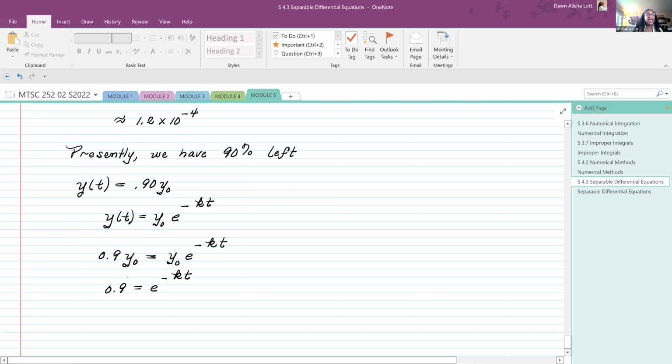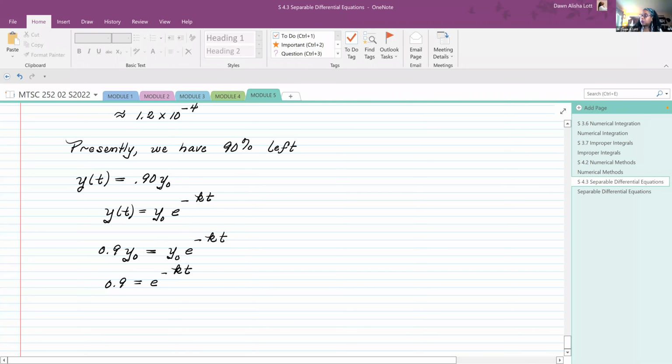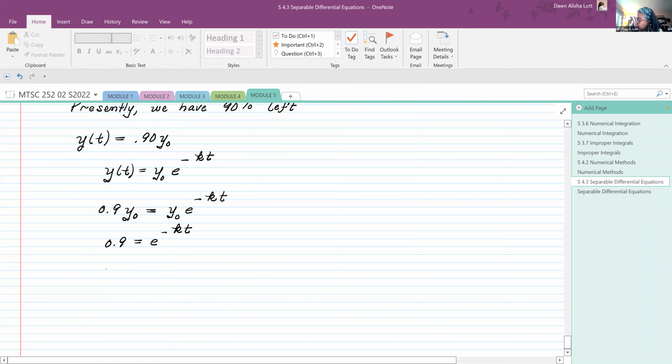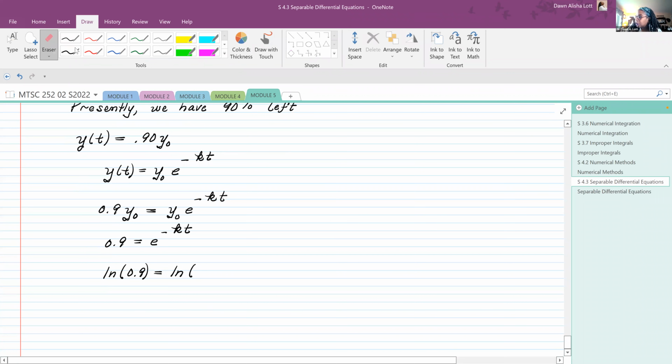So once again, I need to get T out of the exponent. So I'm gonna take a natural logarithm. So the natural logarithm of 0.9 is equal to the natural logarithm of e to the negative KT. That brings that down.